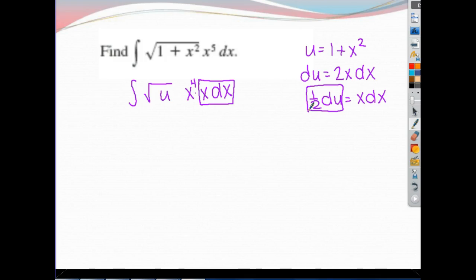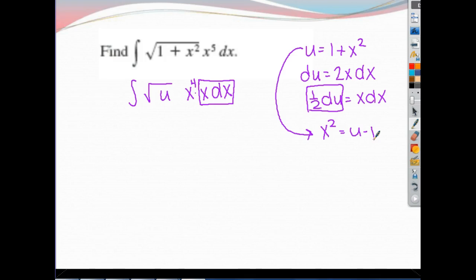How can I manipulate this function to get rid of an x to the 4th with what I know? Well, what could I do to this? Is it fair to say that x squared is u minus 1? We agree to that.